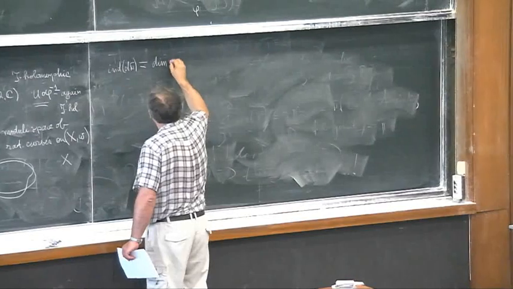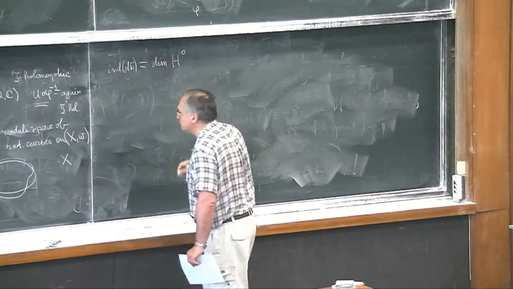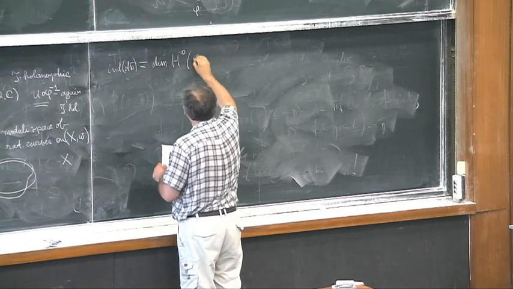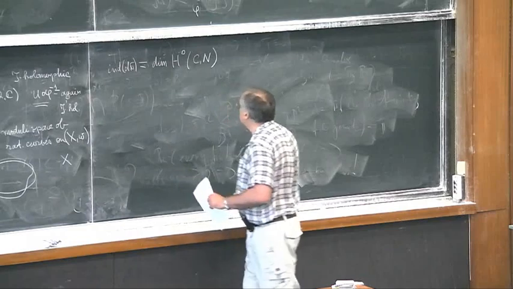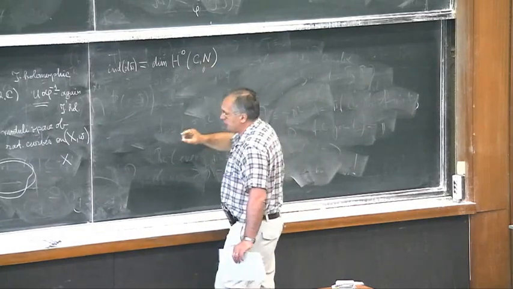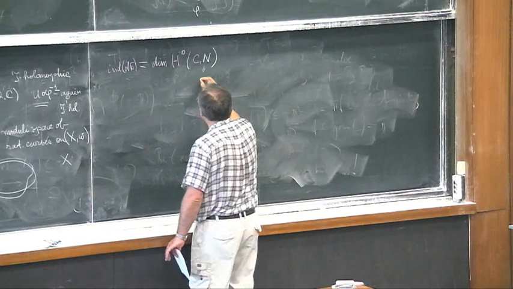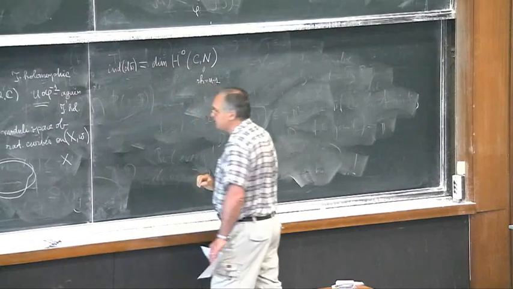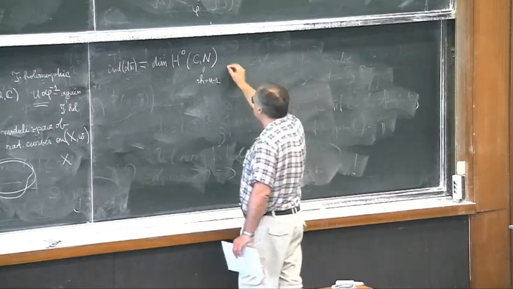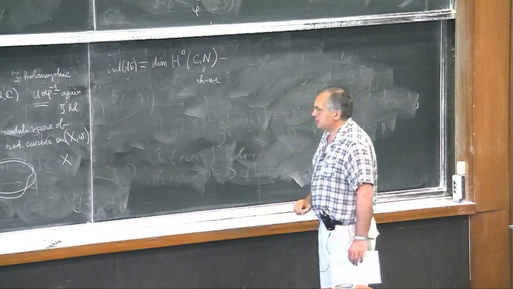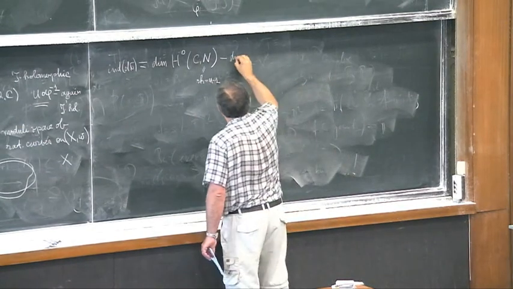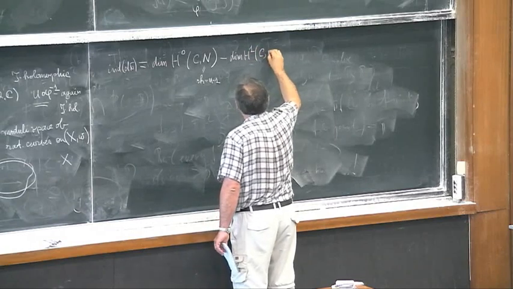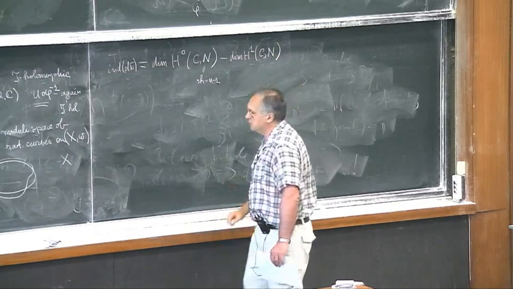And you will get that the index is the dimension of sections of the normal bundle. And because we have structures here, this is a bundle of complex rank n minus 1, minus relations, and this will be the dimension of the first cohomology group on C with coefficients in this normal bundle.